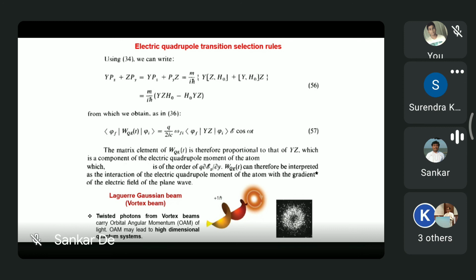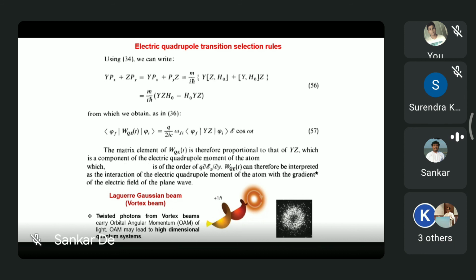So how can you then have such a field? In our lab, you haven't heard of a vortex beam? Or a Laguerre-Gaussian beam? You have heard of a Gaussian beam. All our laser beams are Gaussian. All our optics, actually, not even a laser beam, any other beam, is always Gaussian.